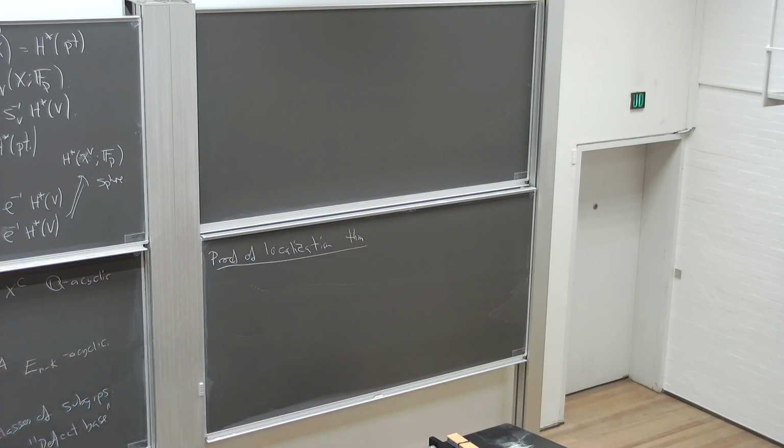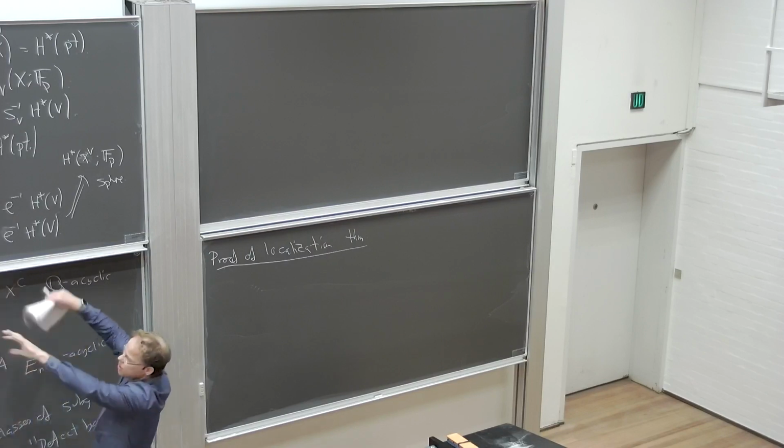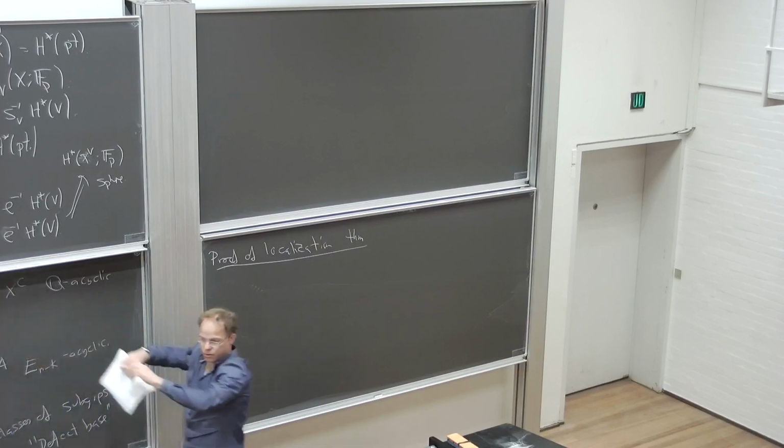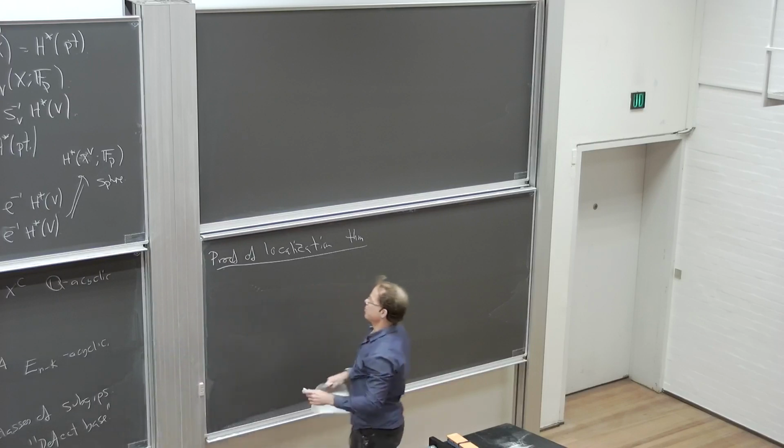So both sides are equivariant cohomology theories. We're taking fixed points, then we're taking equivariant cohomology, and then we're performing a localization. We apply an exact functor to an equivariant cohomology theory, and that's still an equivariant cohomology theory.